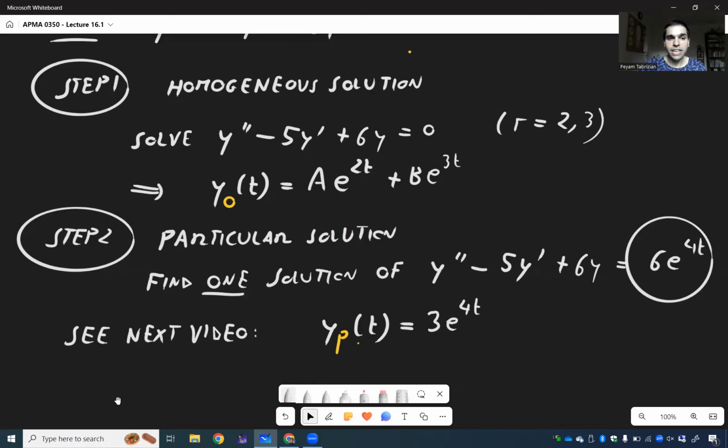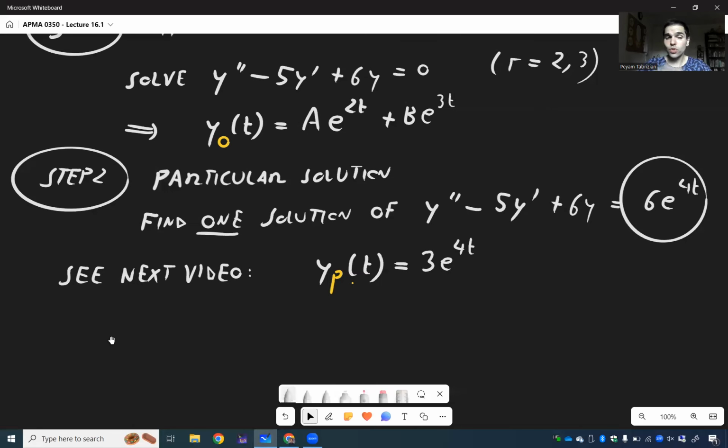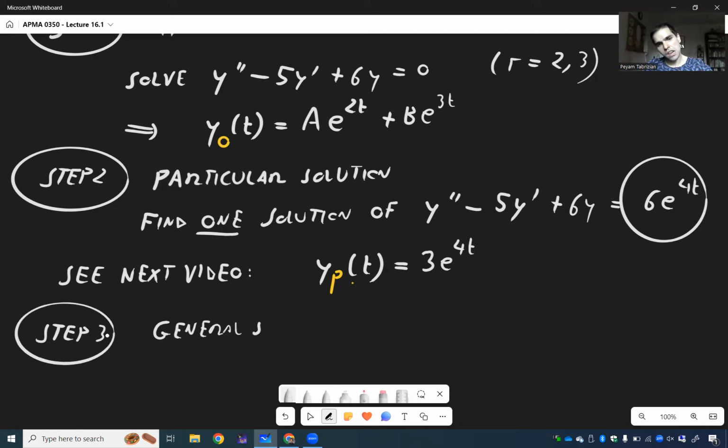And now the question is, what is the general solution of our equation? Okay, in other words, what's the answer to the question? It turns out all you need to do is to add both solutions together.